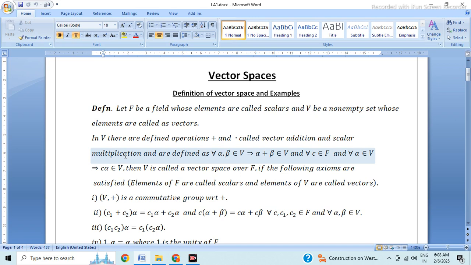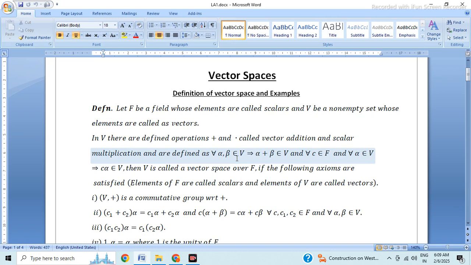Then how are we defining vector addition and scalar multiplication? Vectors are elements of V. When I say vectors and scalars, you should remember vectors are elements of V only. You should not take the meaning of having magnitude and direction.